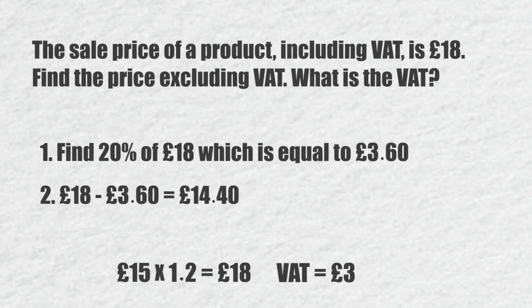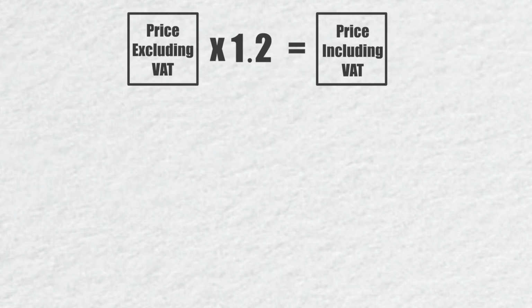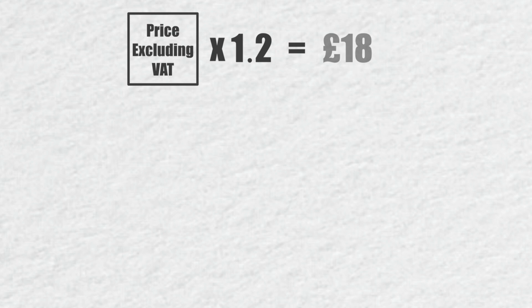Well, let's go back to the formula from earlier. The price, excluding VAT, multiplied by 1.2 is equal to the price including VAT. Well, we know that the price including VAT is £18. So we have the price, excluding VAT, multiplied by 1.2 is equal to £18.